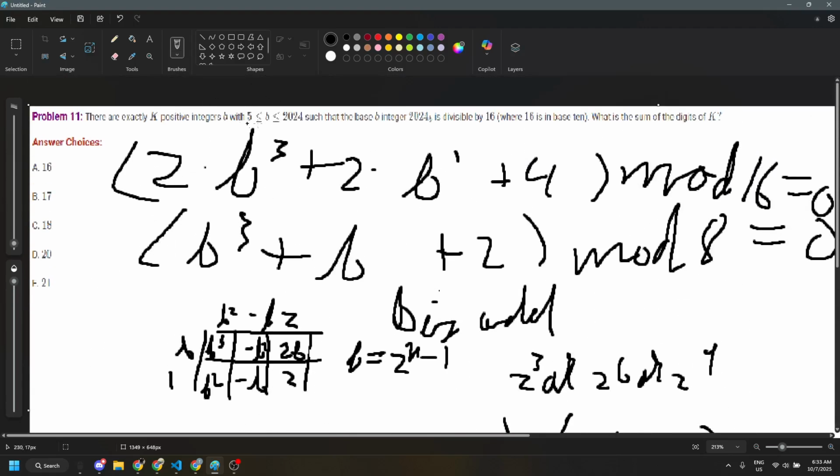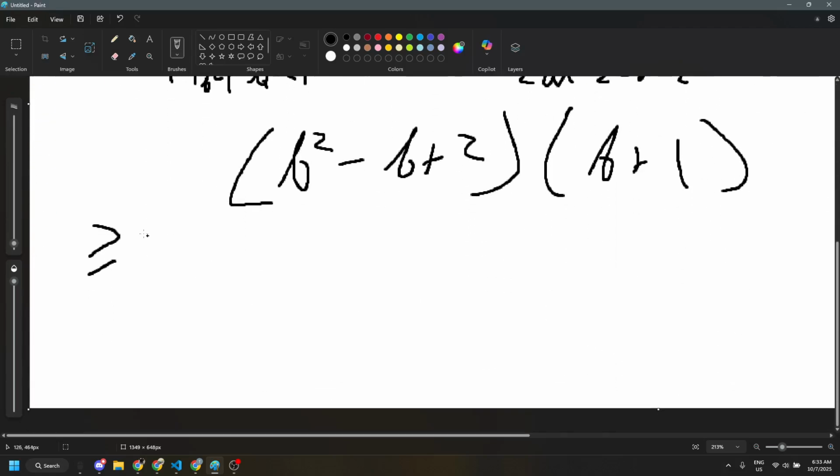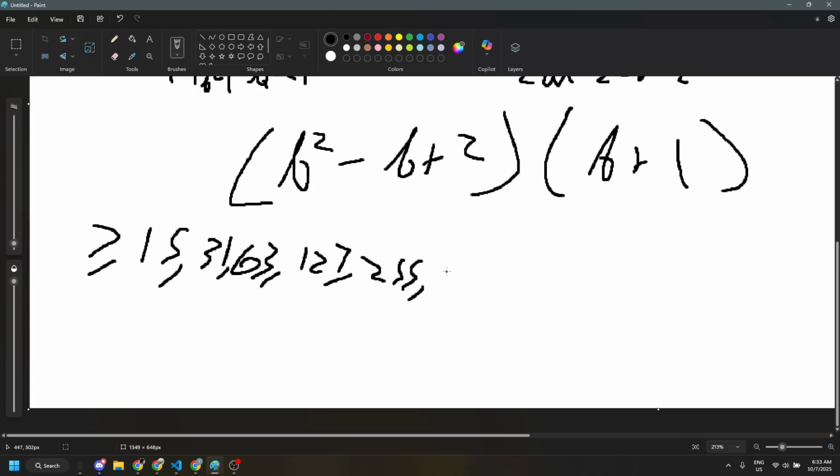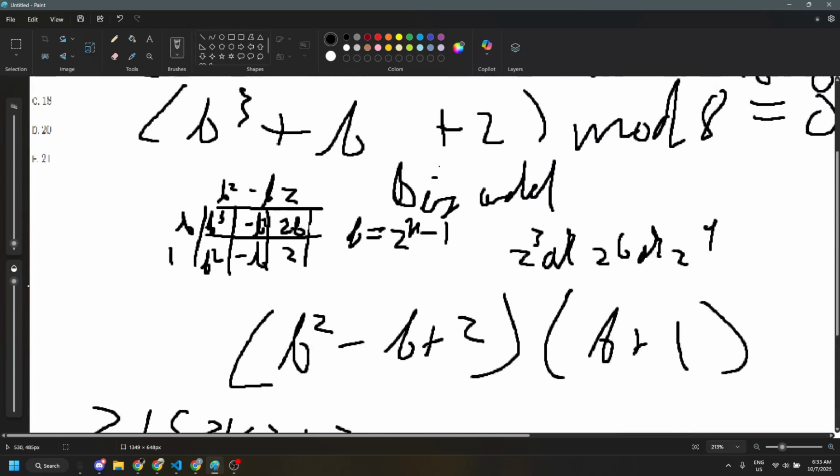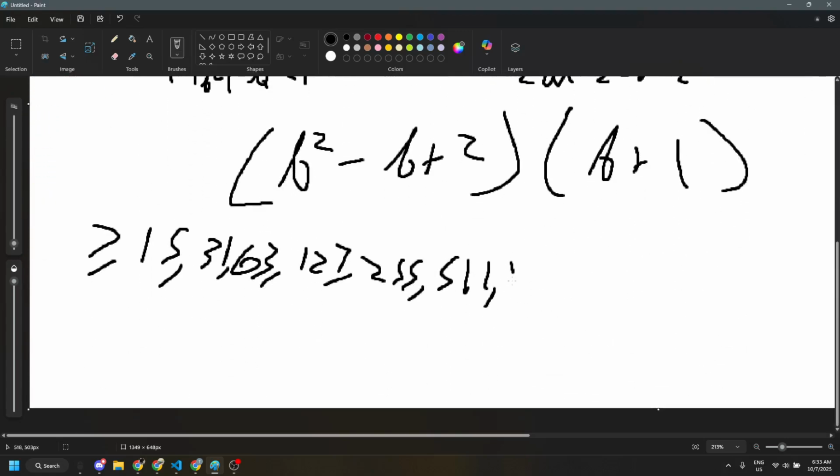These are our possible options from this: 7, 15, 31, 63, 127, 255, 511, 1023.